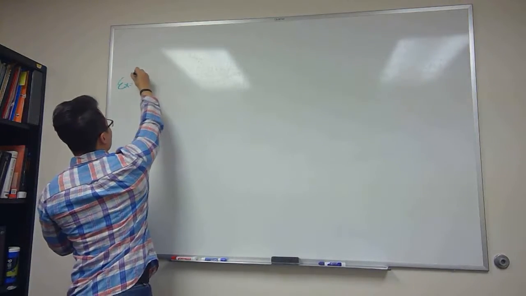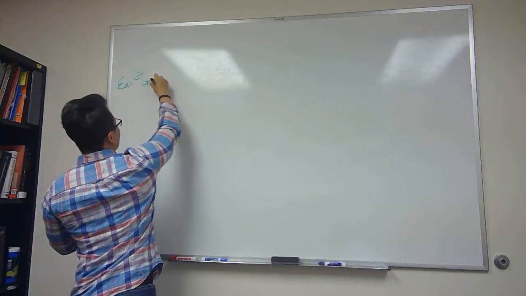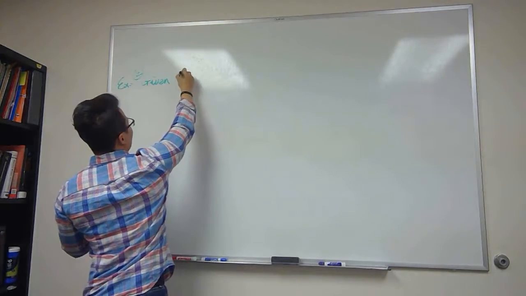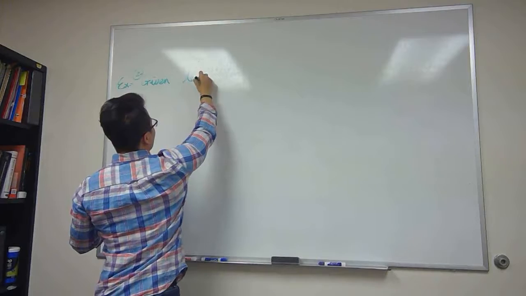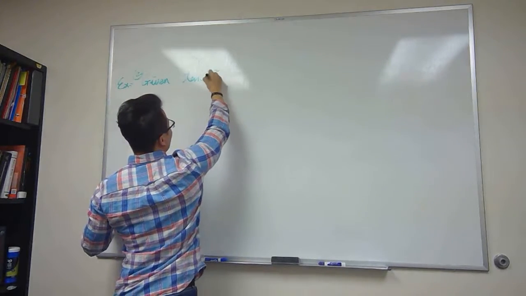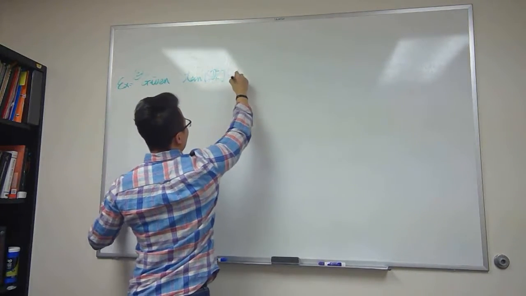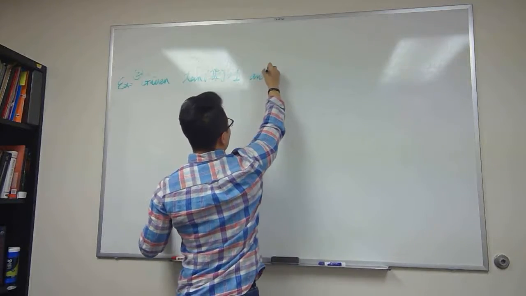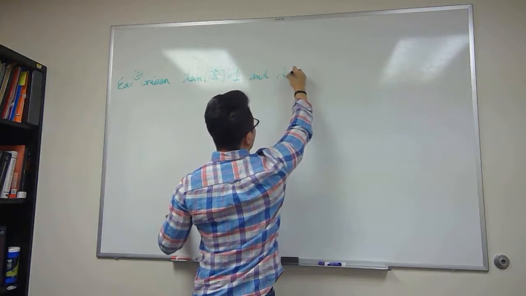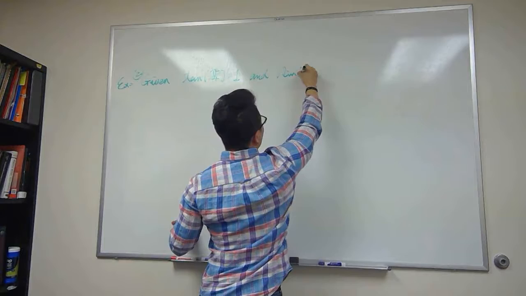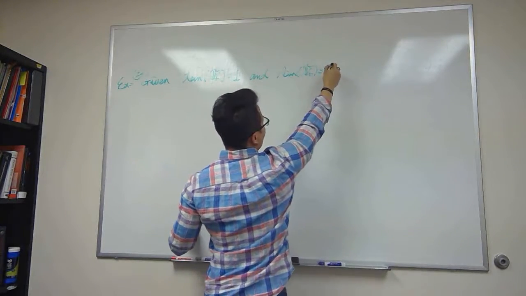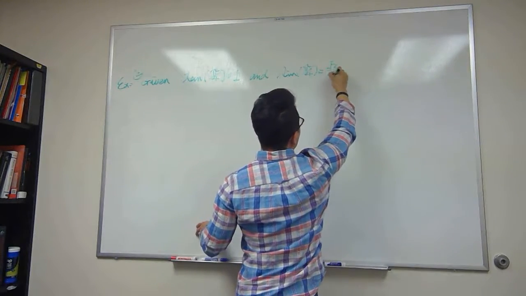So number 2, given tangent of pi over 4 equals 1, and sine of pi over 4 equals root 2 over 2.